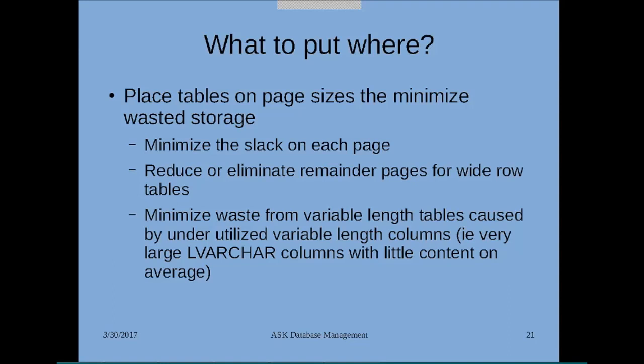Then you get into waste again. But that means that every one of those rows has to be accessed by 2 I/Os, and we don't know where the second half is until we read the data from the first page, because that has the pointer to where the tail end, where the remainder is, or where the next part of the record is if it's bigger than 2 pages. Okay, so you want to be very careful about wide rows.